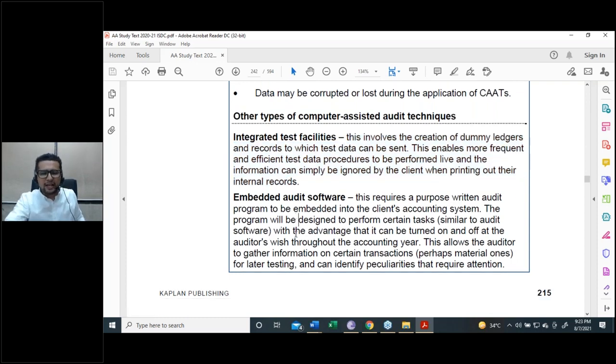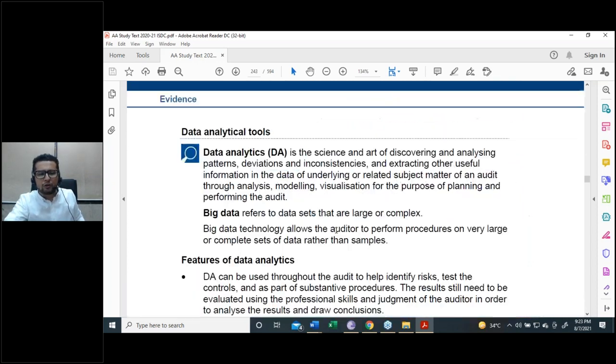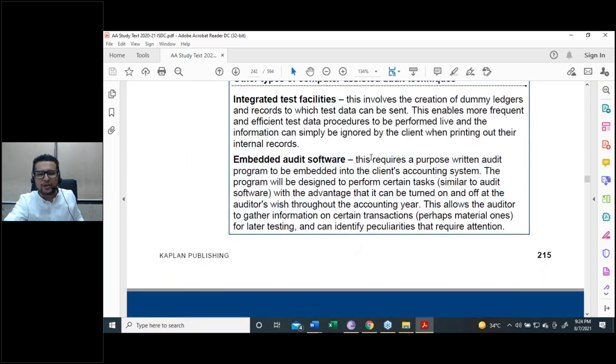The second technique is called embedded audit software. Embedded audit software requires a purpose written audit program. So you are going to come up with a software embedded into the client system, and you are going to run that software in the client system. The program will be designed to perform certain tasks. The software will test certain things such as calculation, how the depreciation is calculated, how things are flagged.